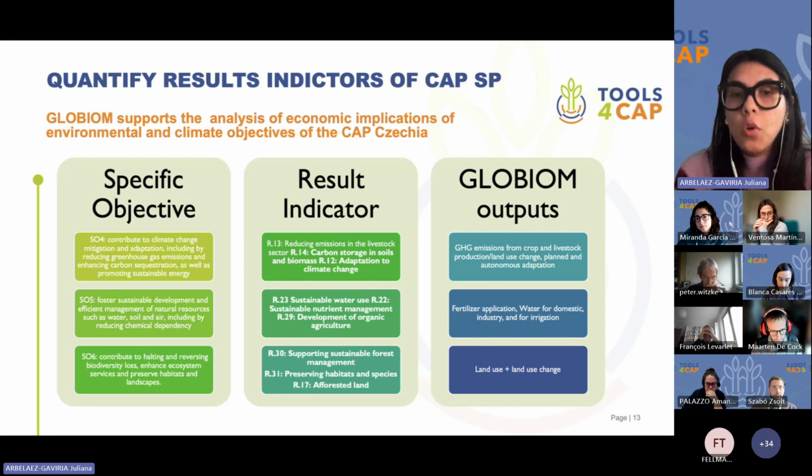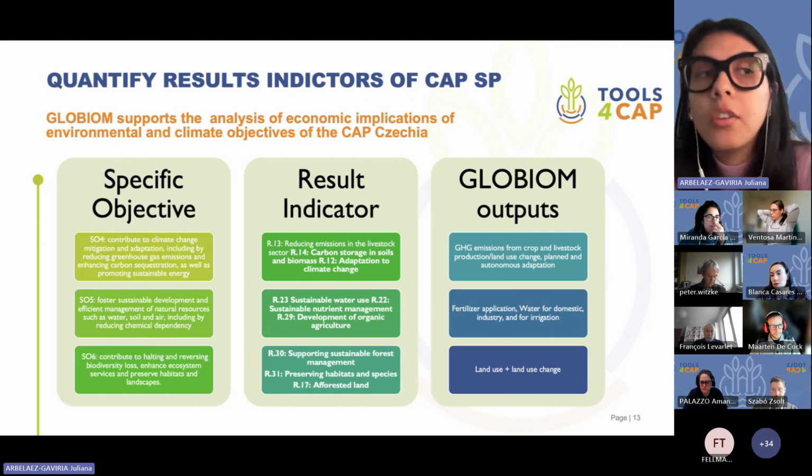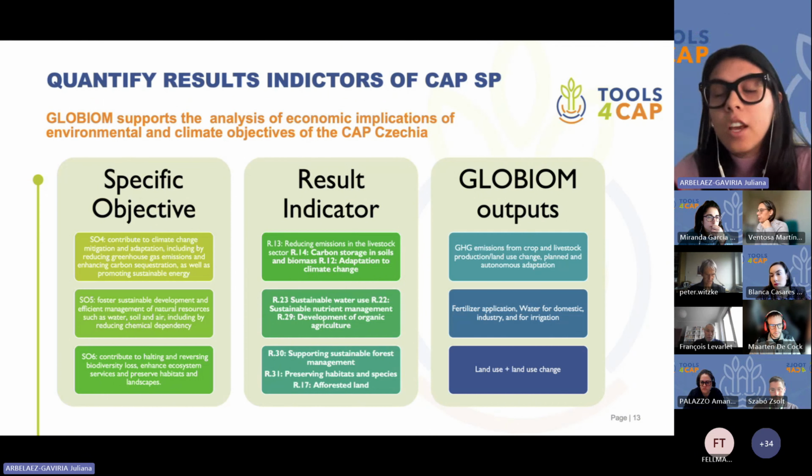So if you don't know, every member state has established already some targets for those specific result indicators. So we do have, let's say, a trajectory that we want to achieve as the implementation of the CAP is happening in the countries, especially in the case of the Czech Republic.